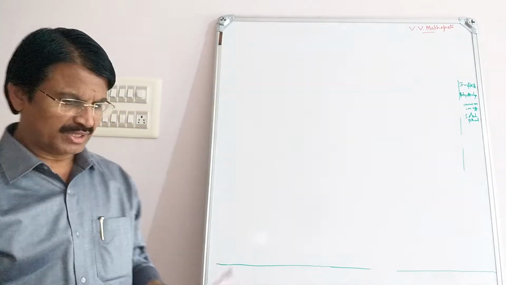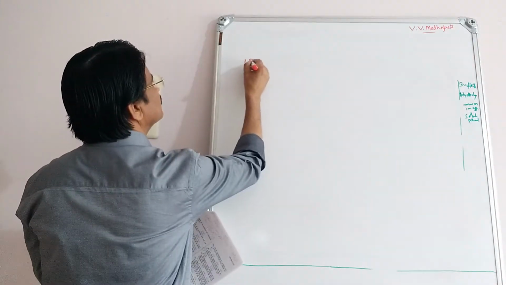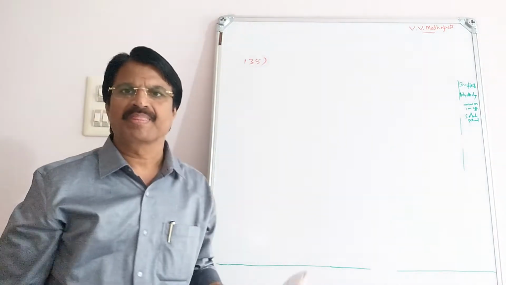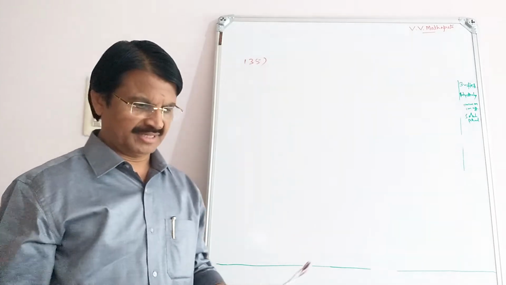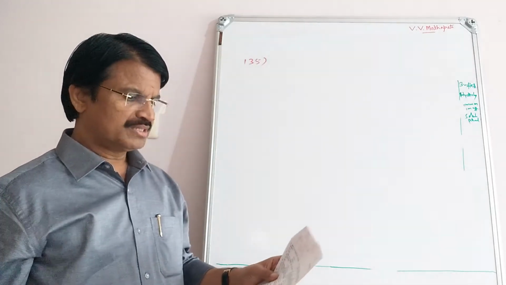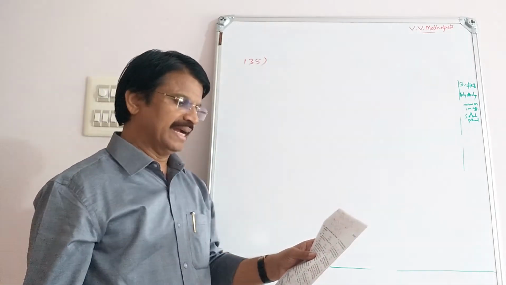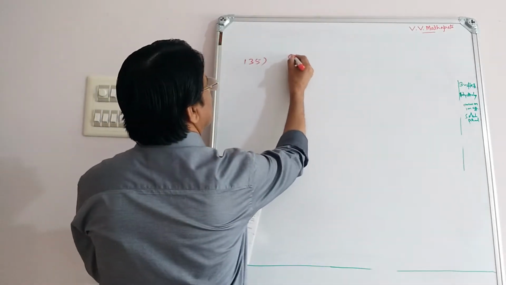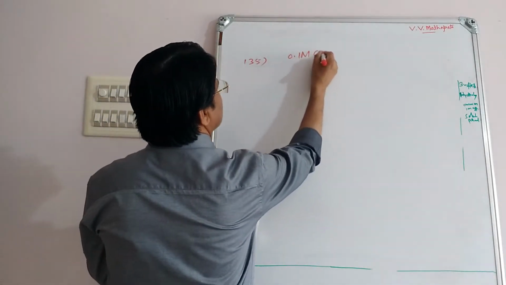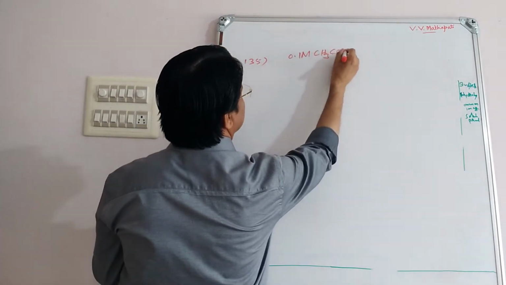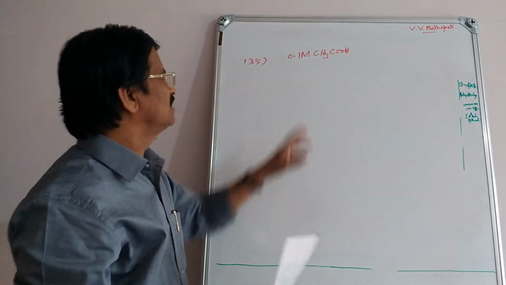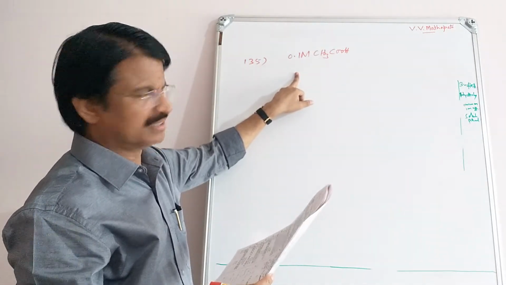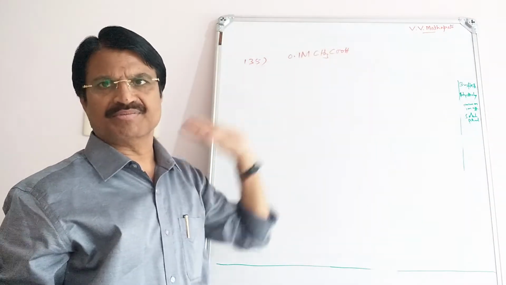Question number 135, multiple choice. How much sodium acetate should be added to 0.1 M solution of acetic acid? 0.1 M acetic acid is given. If acid is there and salt, sodium acetate, is given, that is an acidic buffer.